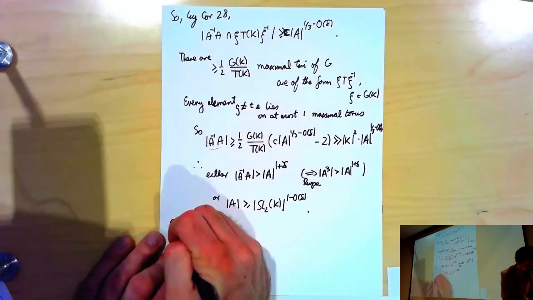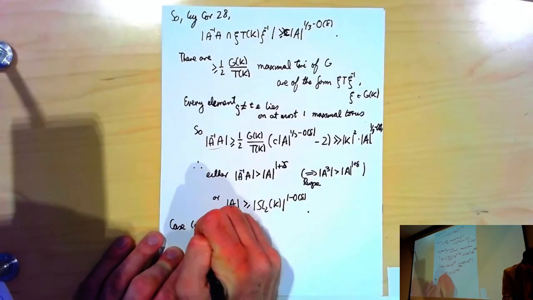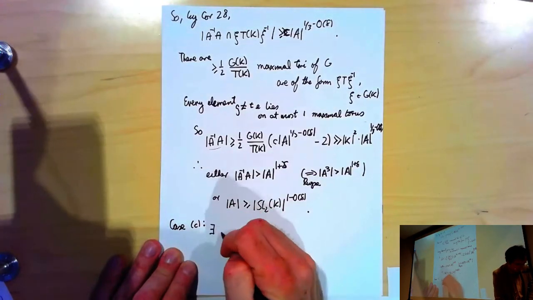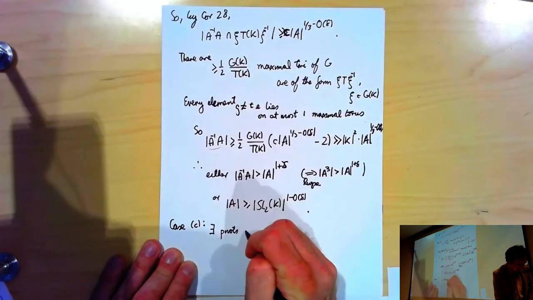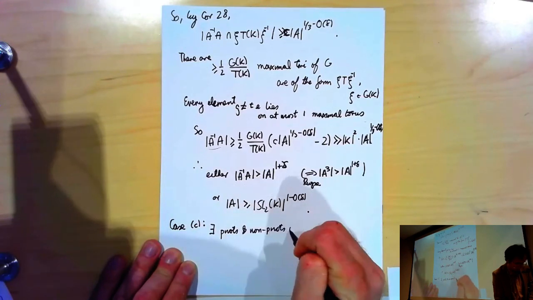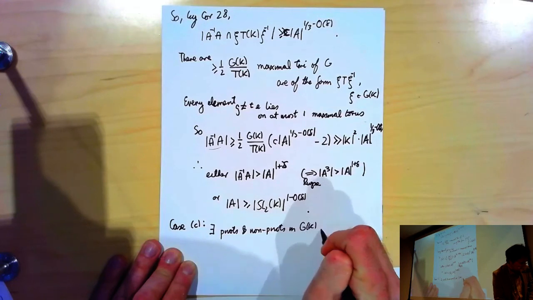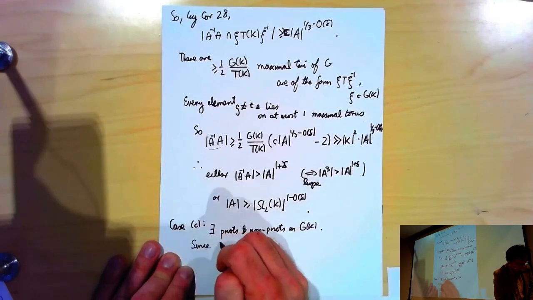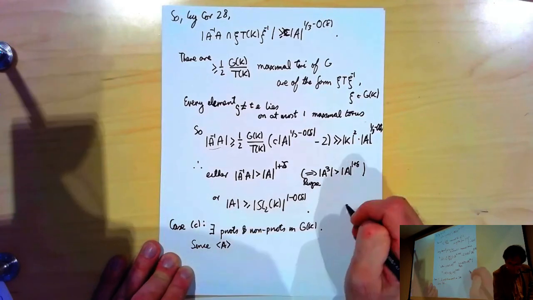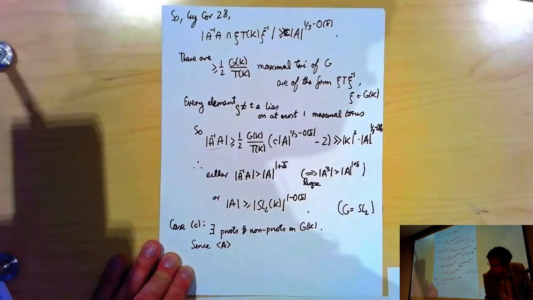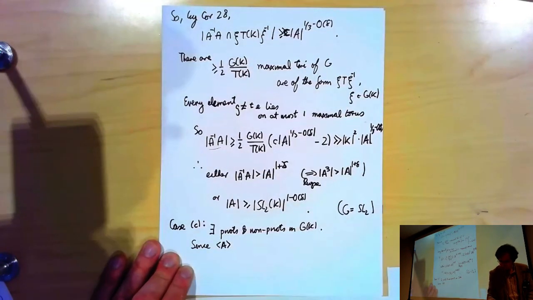So we go on to the case. There are pivots and non-pivots in G of K. Since A generates G, it's always SL2. Well, it's clear right now that G is SL2, I hope.